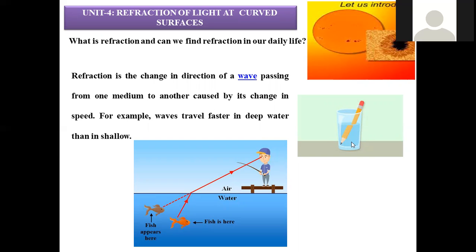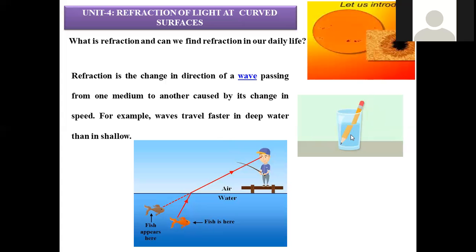It is clearly observed by taking a glass of water and placing a pencil in it. Initially the pencil is straight. When it is inserted, you can observe that it appears curved. It is bent because of the phenomenon of light called refraction. When you take it out, can you find any bend in it?